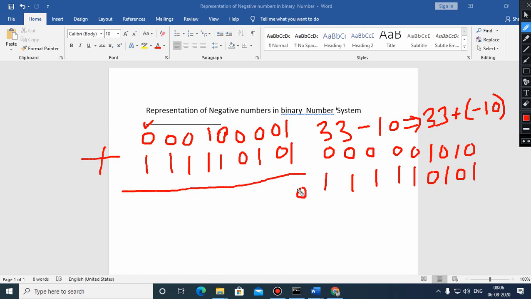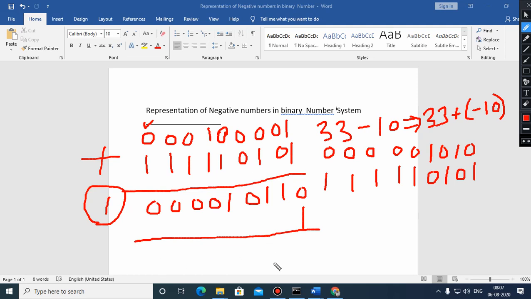So it is 0, 1, 1, 0, 1, 0, 0, 0, and one bit is overflown. This is the overflow bit. And as I told you earlier, this overflow bit we have to utilize. So 1 will come here. Now add, which is 1, 1, 1, 0, 1, 0, 0, 0.